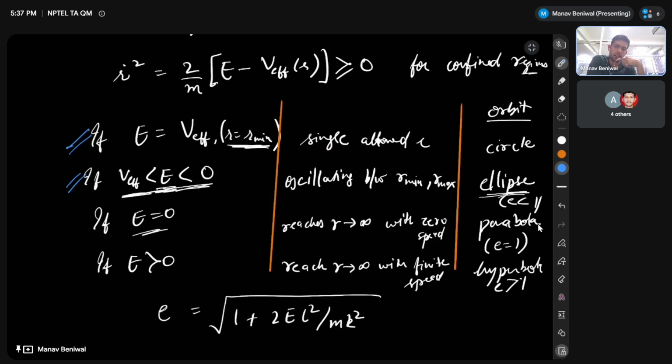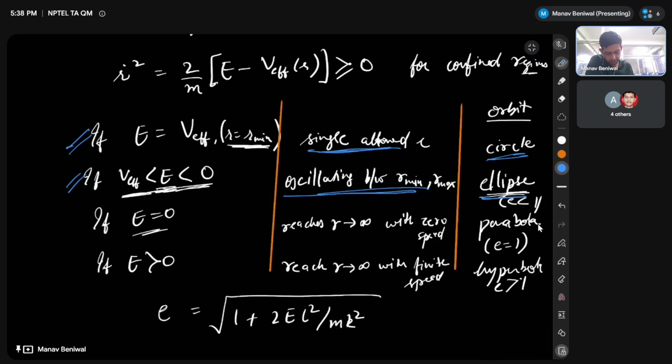My r is just sitting at this r minima, where the effective potential is minimum. So there is only one allowed value of r, and because r is constant, my orbit is circular. Second is that I increase the total energy of the particle slightly, which makes it still confined, but now it is oscillating between a minimum r and a maximum r. Because it is still confined, the only possible orbit is an ellipse.